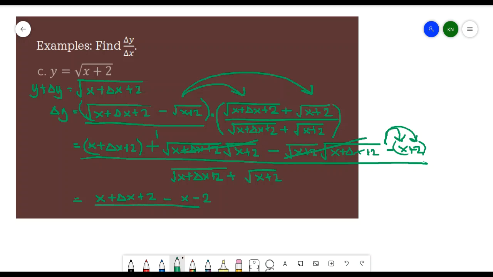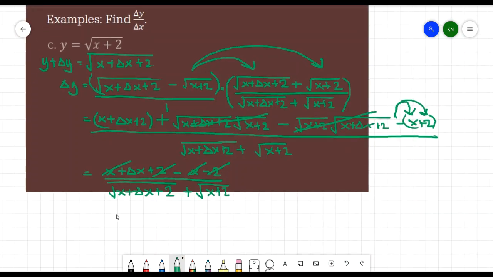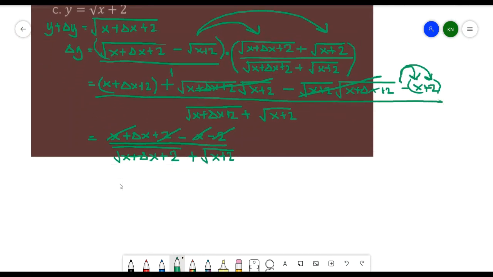So copying the denominator, we have square root of x plus delta x plus 2 plus the square root of x plus 2. So what we have left now is delta x over square root of x plus delta x plus 2 plus square root of x plus 2.